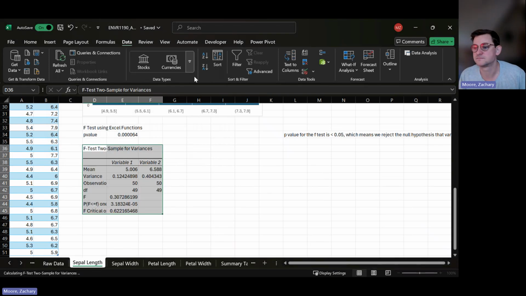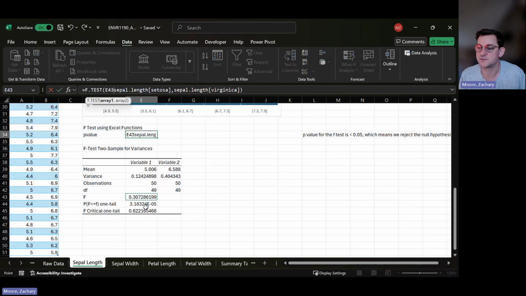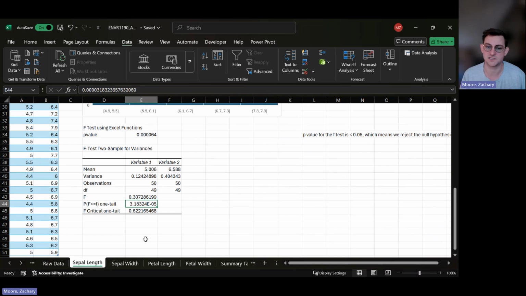So we click OK, and you see that we have this pop up here. Now, this is calculating a two-sample p-value, and you'll see that it's a little bit different than here. But what this one is doing, I believe, is a one-sided F-test, whereas the other one is doing a two-sided F-test. And so you're going to get different values, but generally they'll give you the same result.